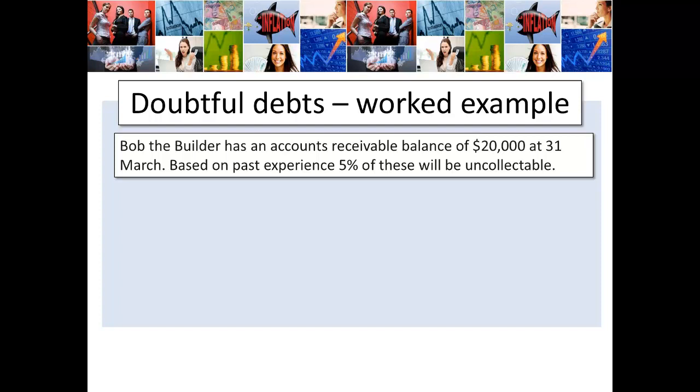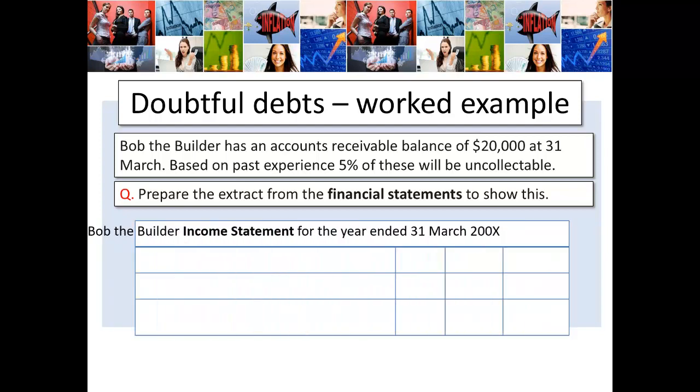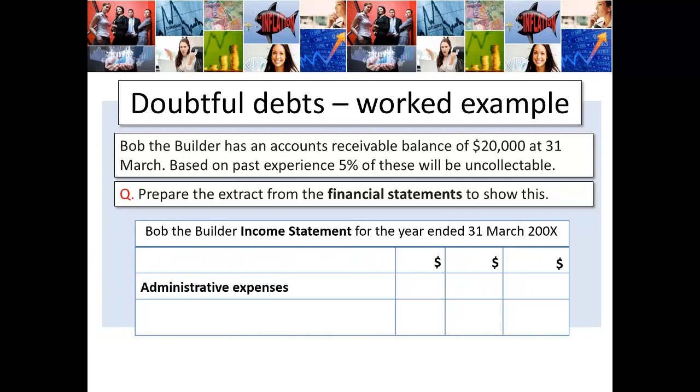Same scenario with Bob the Builder. The accounts receivable balance, 5% will be uncollectible. This time we are preparing the extract from the financial statements to show this. The income statement. In the income statement, we've got our income and we've got our expenses.